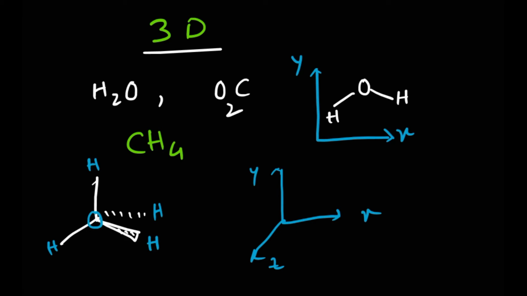Here this solid line is known as a solid wedge. It is above the plane. I mean, if the hydrogen, carbon and hydrogen are in the plane of the paper, then this bond, the solid wedge, is above the plane or towards you, and this dash line is called a dash wedge, which is below the plane of the molecule.